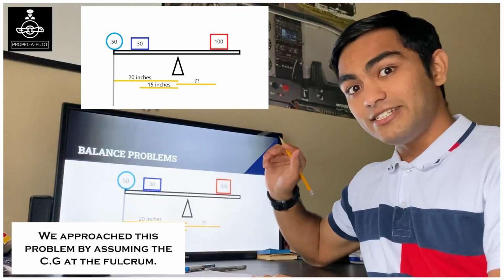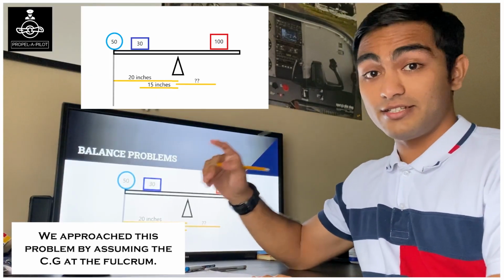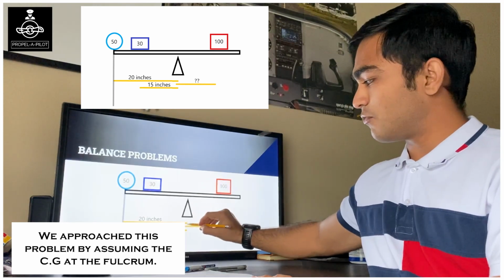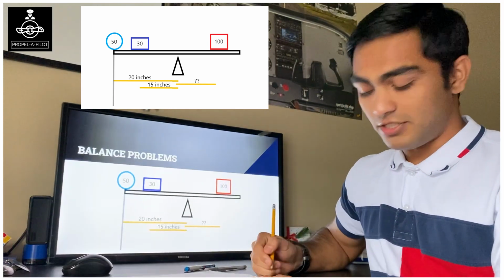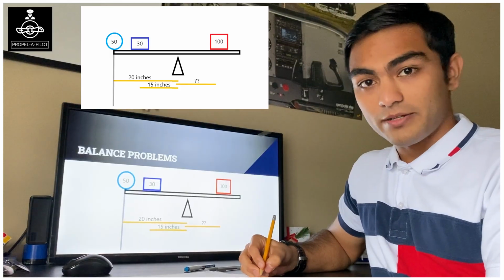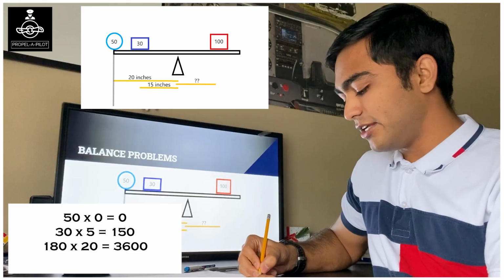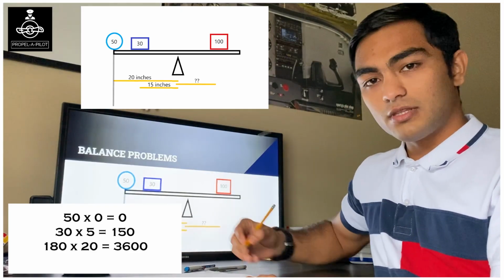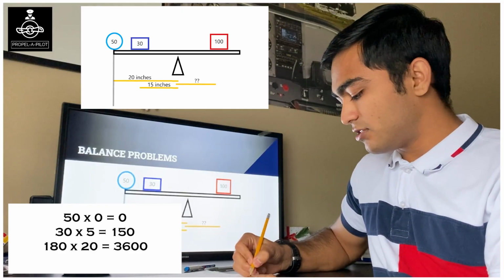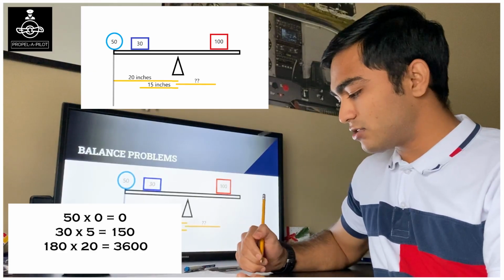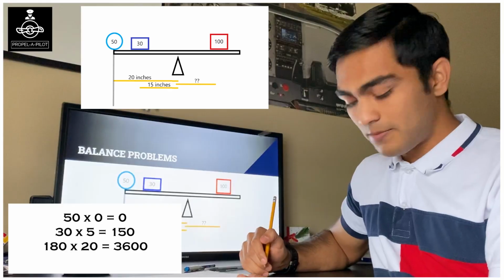Then comes the CG. Here we have to consider the CG because the CG is at the fulcrum, which has an arm of 20 inches. The third equation will be the CG moment. The CG moment will be the total weight of the system, 180, times the arm, that is 20, which is 3,600 pound inches.